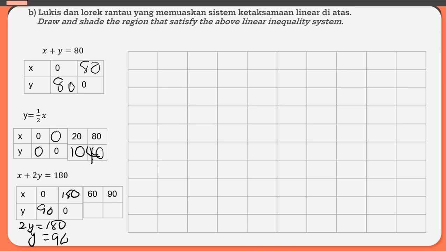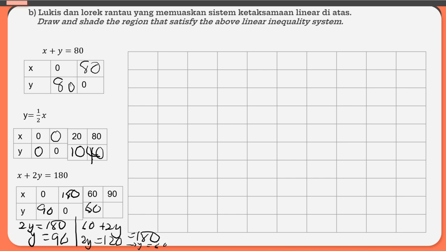So I take 60. So when x equals 60, we try to calculate. So 60 plus 2y equals 180. Alright, so 2y equals 180 minus 60, you get 120. So y equals 60. So here is 60.